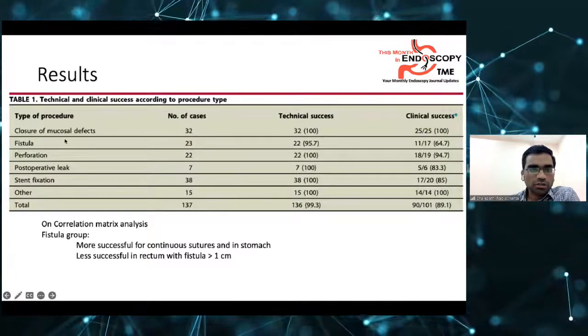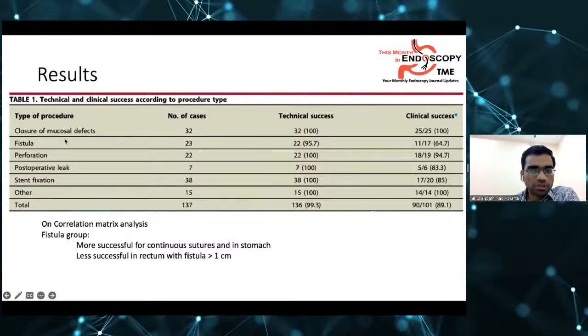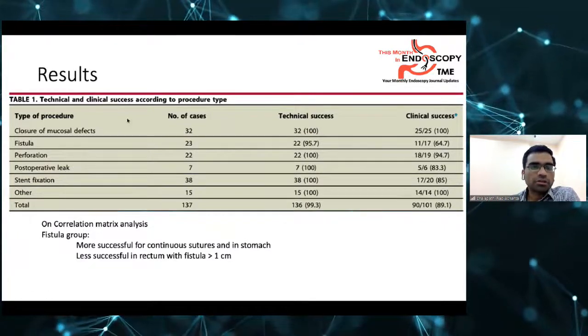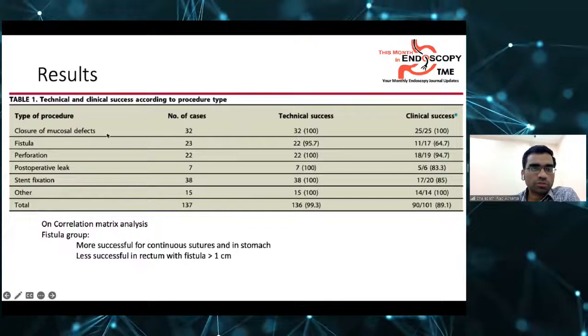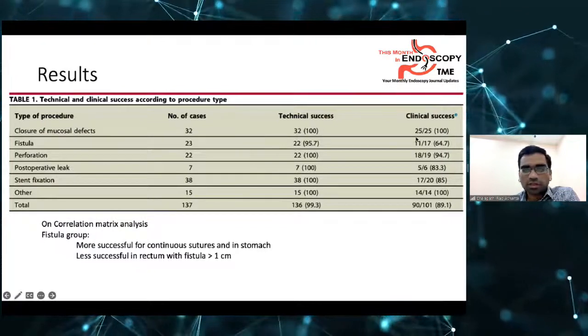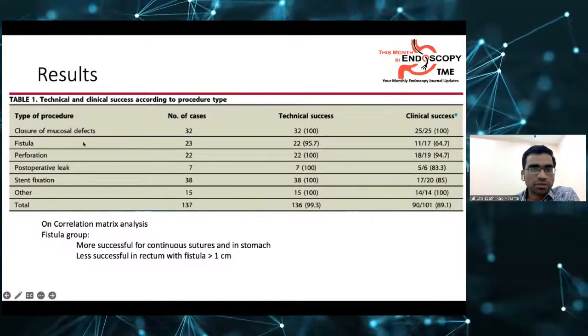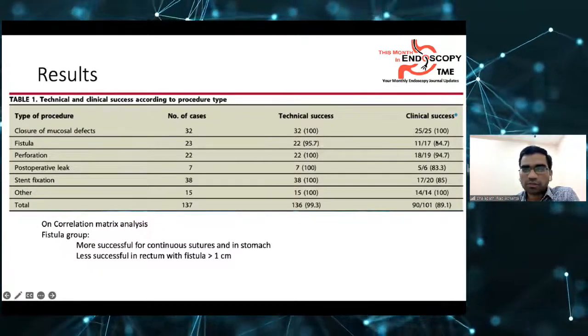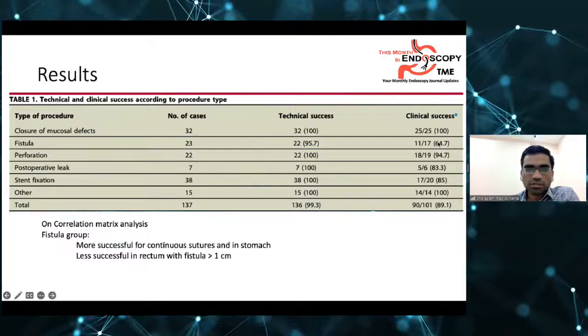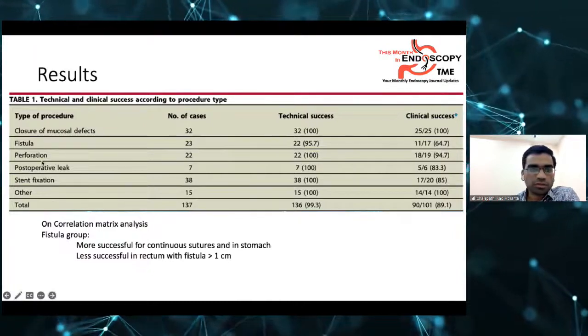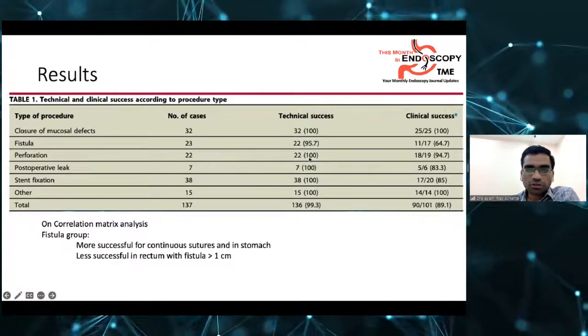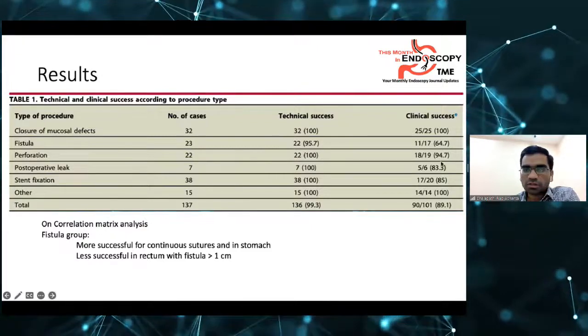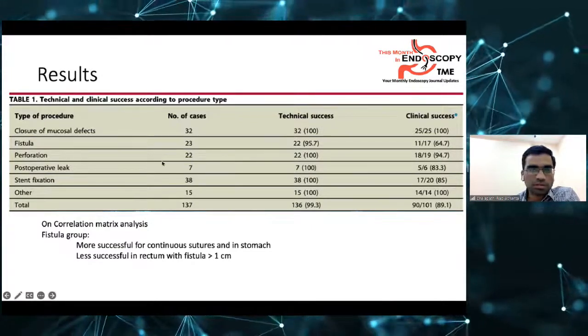So with regards to the type of pathology and defect, in 32 patients closure of mucosal defects was done with a technical and clinical success of 100%. 23 fistulas were closed with a technical success of 95.7%, with a lower clinical success, around 64.7%. 22 perforations were closed with a technical success of 100% and 94.7% clinical success.